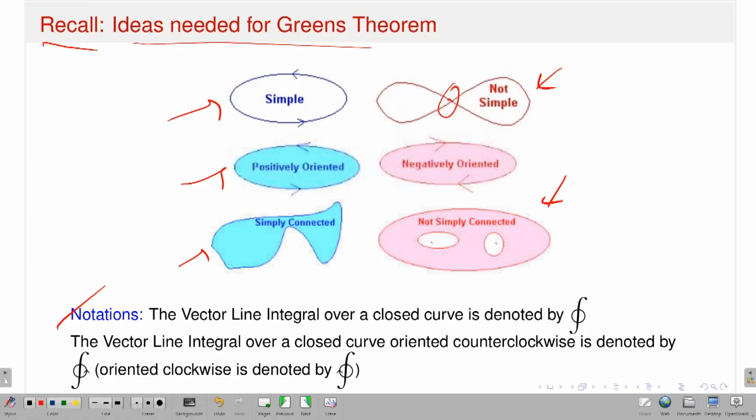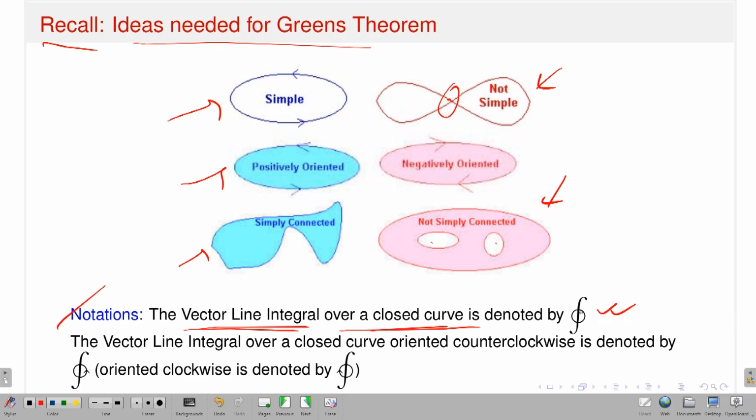So the vector line integral is a notion I have already discussed, and you will see that it is involved in the statement of Green's theorem. So recall the notion of vector line integral. The vector line integral over a closed curve I will denote in this notation.